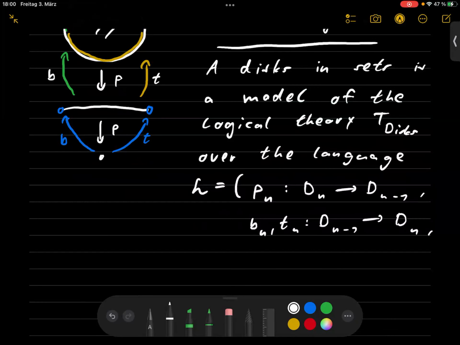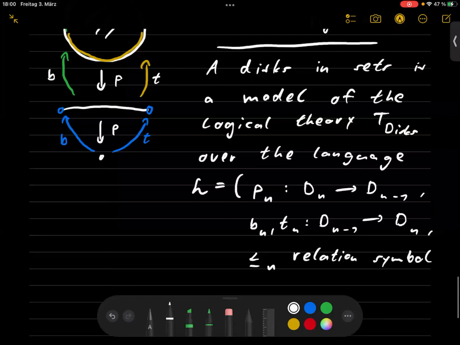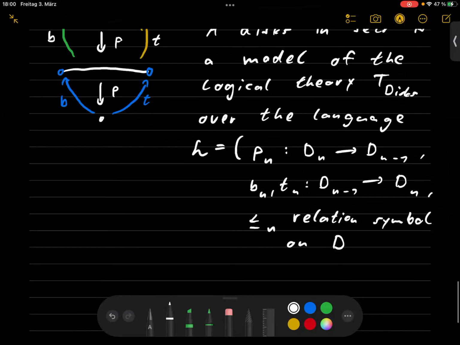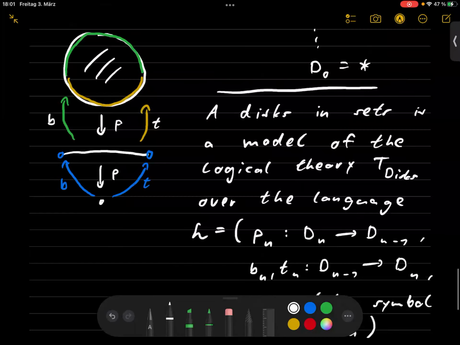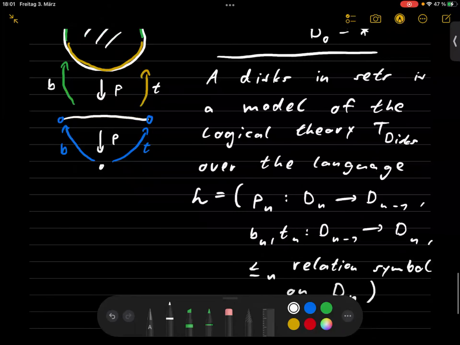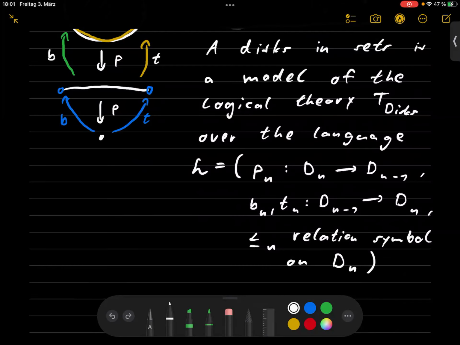And then we have also a relation symbol on dn. So these are the types, and there are then function symbols and relation symbols.